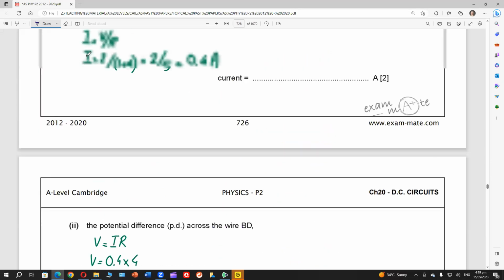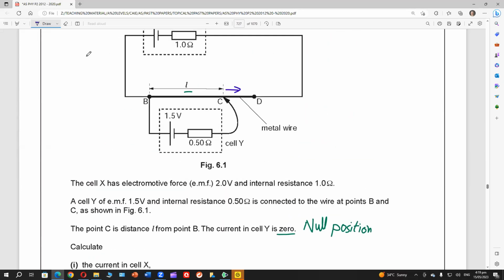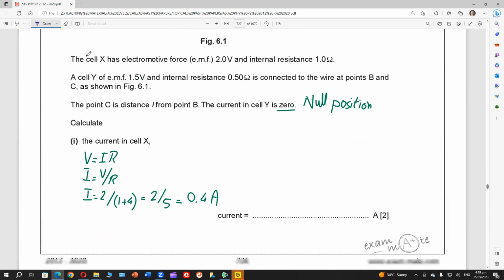So it can be seen that this cell has some internal resistance. So its terminal PD cannot be equal to the battery EMF.